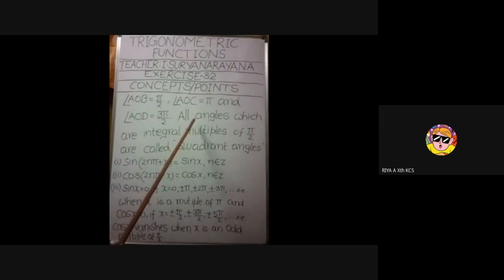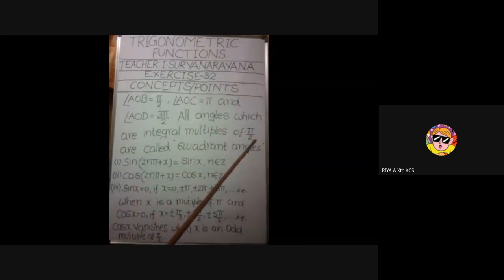All these angles which are integral multiples of pi by 2 are called quadrant angles. Remember this definition, my dear children. I repeat, all the angles which are integral multiples of pi by 2 are called quadrant angles. Understood this definition of quadrant angles, my dear children?